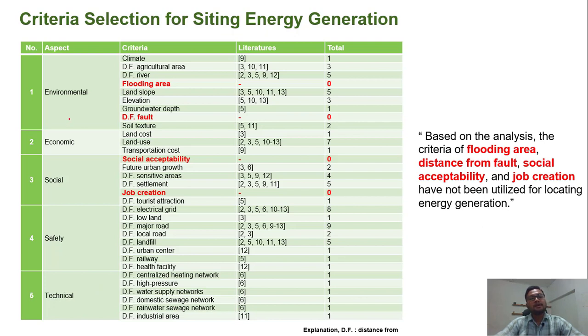Every aspect has criteria. For example, in environmental, there are climate, distance from agricultural area, etc. The study has collected 32 criteria from the literature for siting energy generation.